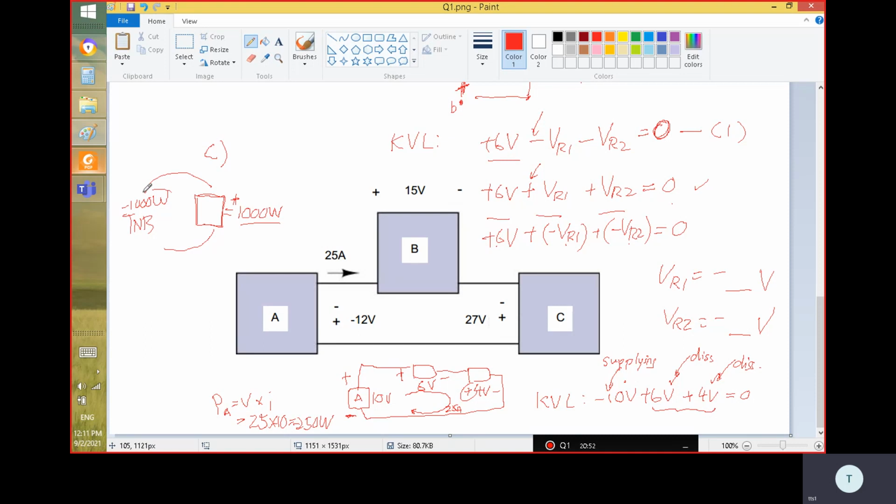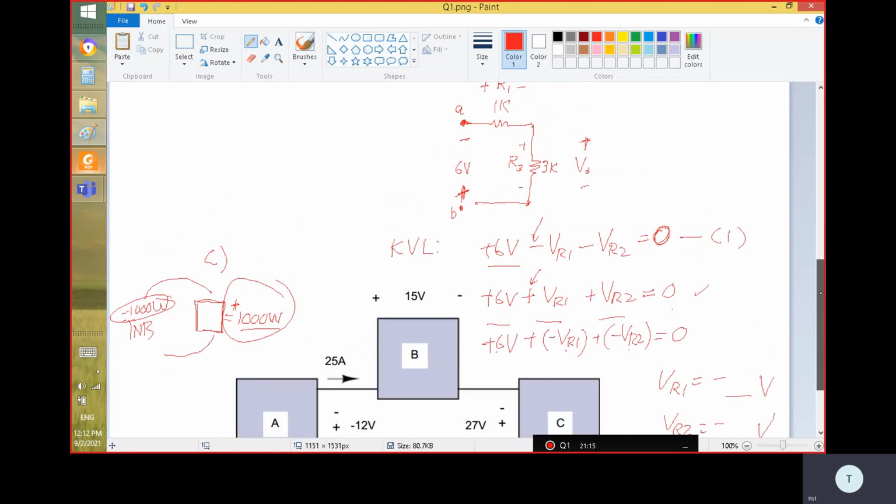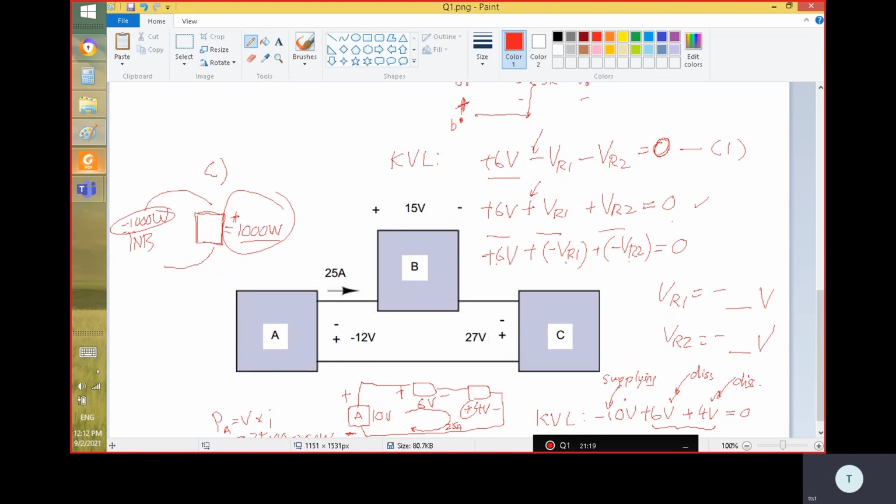So usually minus means supplying power, positive means consuming power. Okay, so from here, if the value is minus, that means it is the one that's supplying the power. Usually the one consuming power will be positive. Positive means consuming or absorbing the power. Okay, I hope you are clear about question number 1.